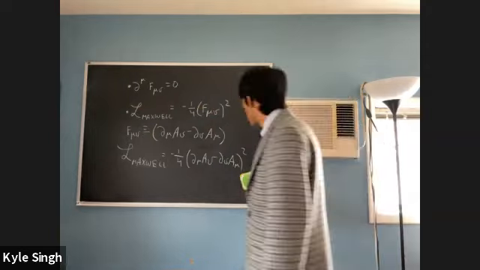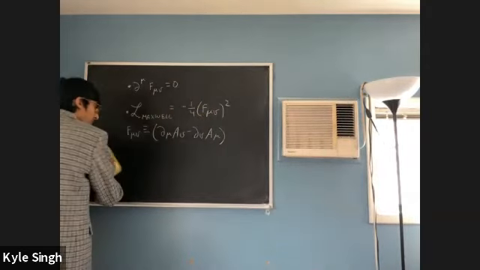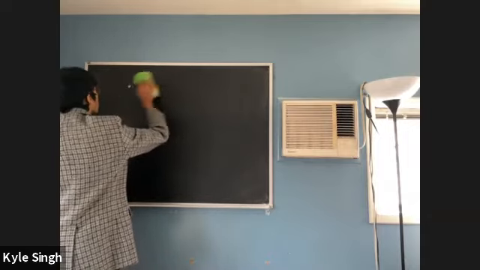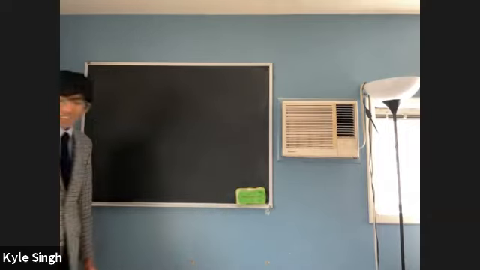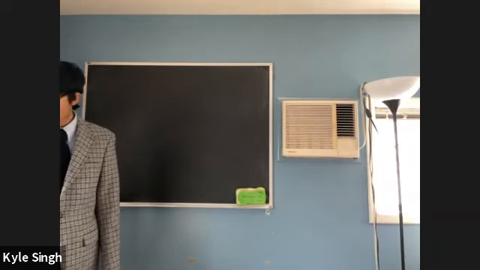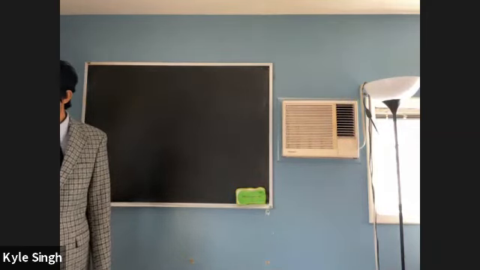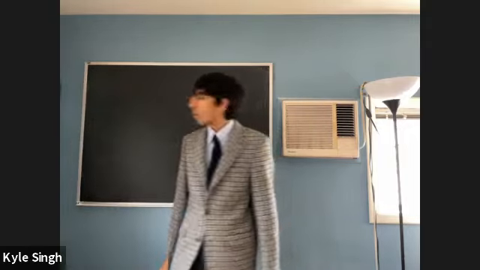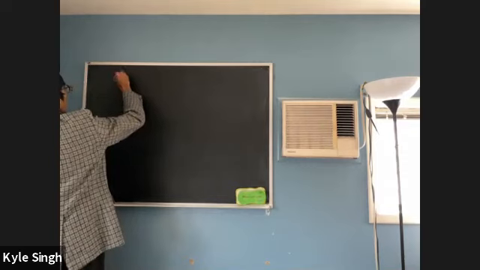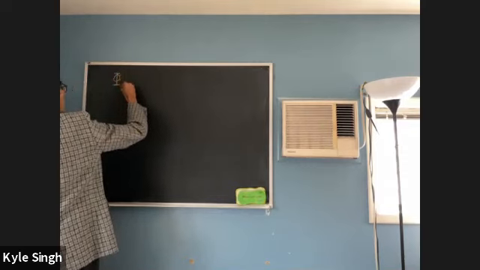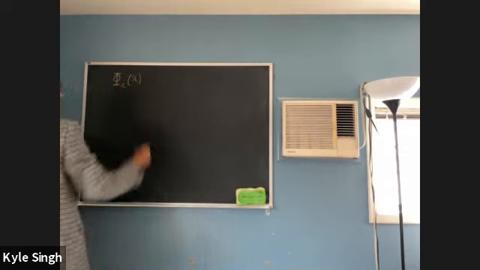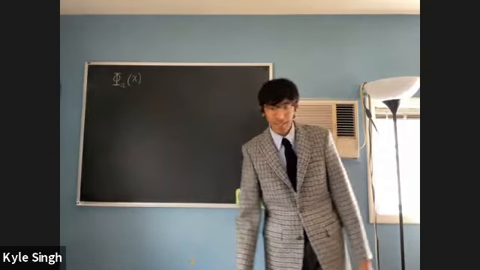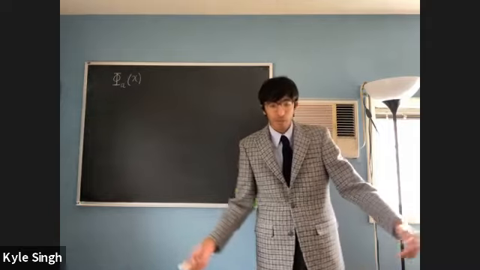So let's think generally. Let's think about some multi-component field. We'll call it capital Phi_A(x), where A is telling me, is this the first phi field, the second phi field, the third phi field, the fifth phi field?